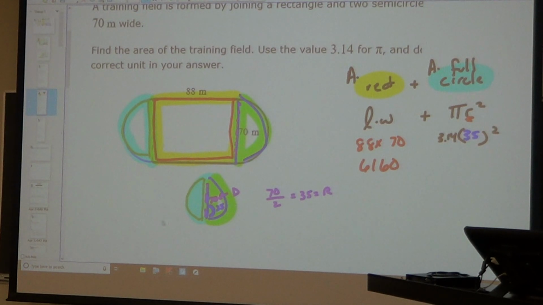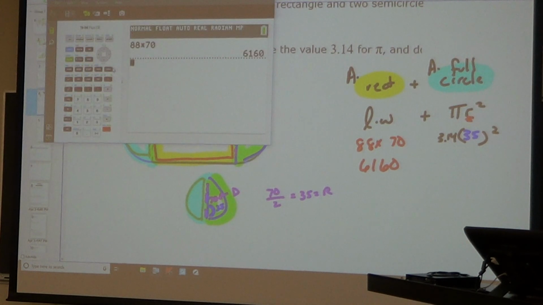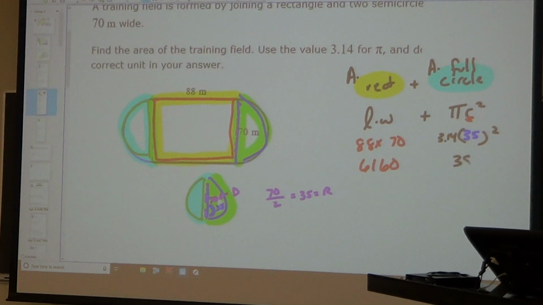Okay? So if I come over here, I'm gonna do 3.14 times 35 to the second. So 3846.5. That represents the two end zones. So I'm gonna take the basketball court plus the two end zones to get my area answer.